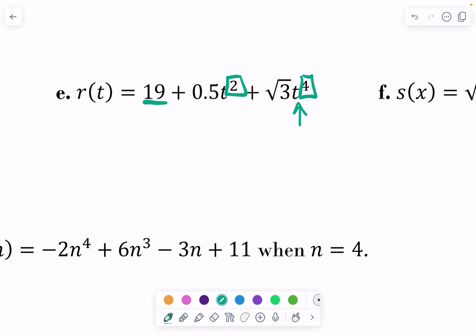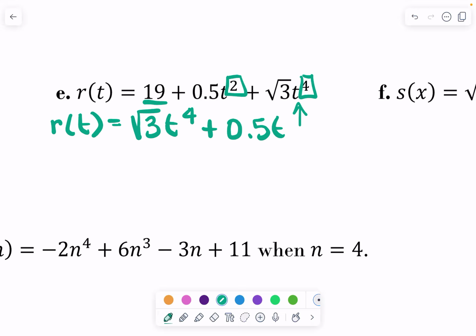So let's rewrite it in its standard form. So r of t, the 4 is larger than the 2, so it goes first. So we have the square root of 3 t to the power of 4 plus 0.5 t squared, and then finally our constant value of 19. Next is to name it. We have an exponent of 4, and if we look at our chart, that's going to be the number of the term with a polynomial.